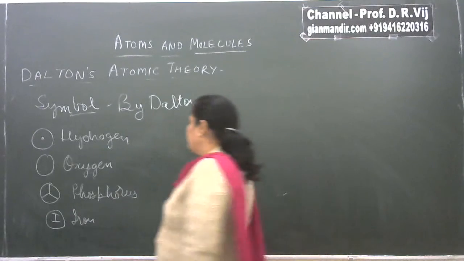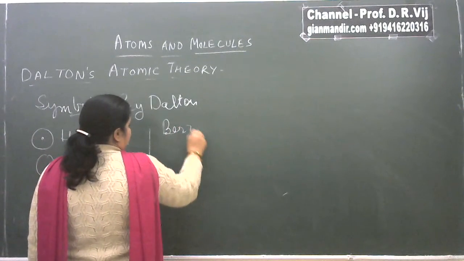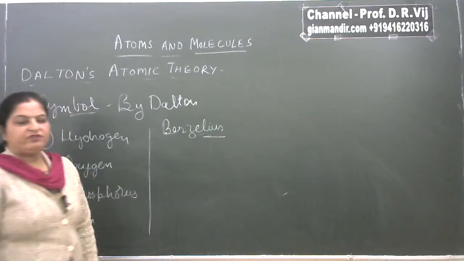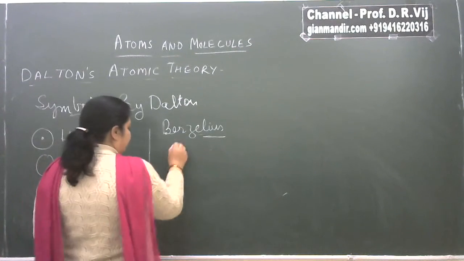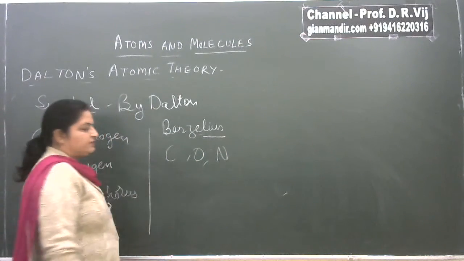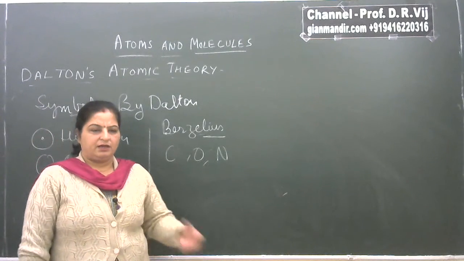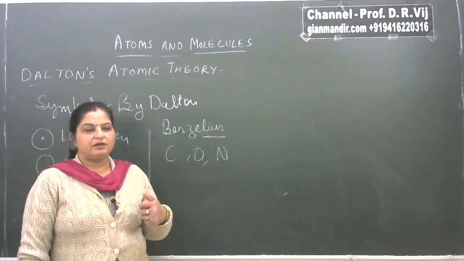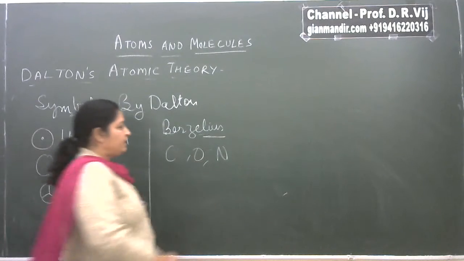But later on, Berzelius provided the symbols on the basis of alphabets in the name of the element. For example, for carbon it is C, for oxygen it is O, for nitrogen it is N. Initially the symbols were given on the basis of their properties, or their origin, or where they were first observed.